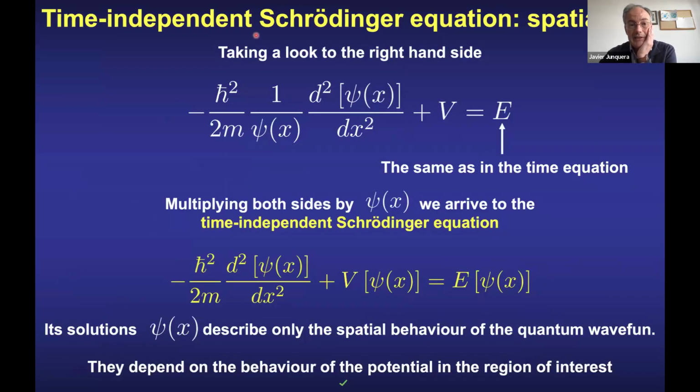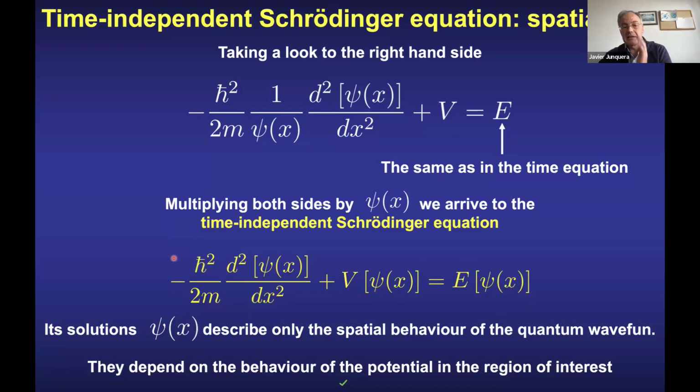Okay, so for the right-hand side of the equation, I'm writing here the right-hand side, and it has to be equal to the same constant as before. Okay, so this is the same constant as in the time equation. And then we can multiply both sides by the psi of x, and we arrive at the time-independent Schrödinger equation, that is written in this way here.